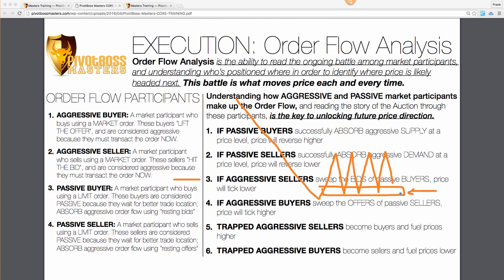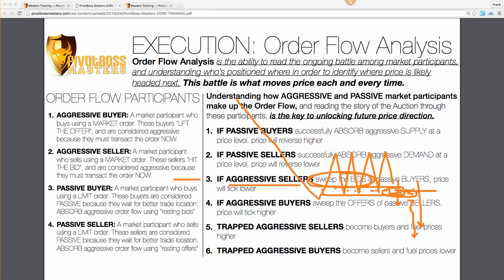Well, if aggressive sellers sweep the bids of the passive buyers, those limit orders are resting bids, and if the aggressive sellers are able to sweep through the bids, price will tick lower. So that's what it looks like if passive buyers are defending with resting bids, but then aggressive sellers sweep those bids.